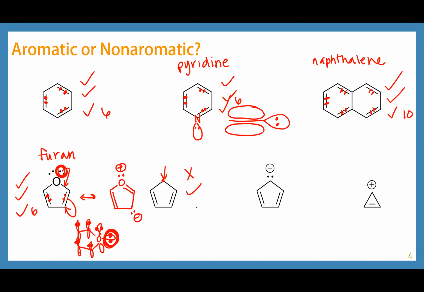And then how many electrons do we have in our unhybridized p orbitals? 4. So this does not follow Huckel's rule here. Is this compound anti-aromatic? It's not aromatic, it's non-aromatic. Why is it non-aromatic instead of anti-aromatic?